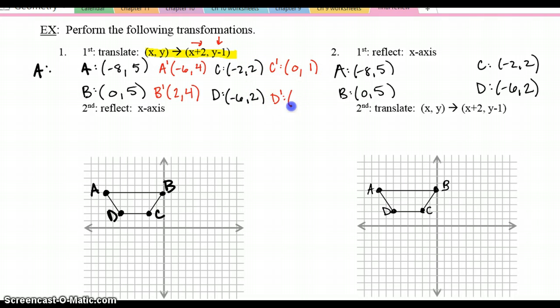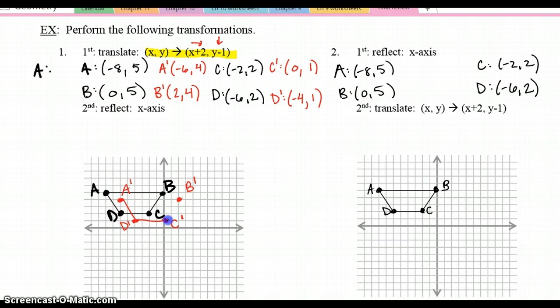And D prime will be at negative 6 plus 2, which is negative 4, and 2 minus 1, which is just 1. So when I graph my translated image, I'm going to go negative 6, 4 is my A prime, 2, 4 is my B prime, 0, 1 is my C prime, and negative 4, 1 is D prime.